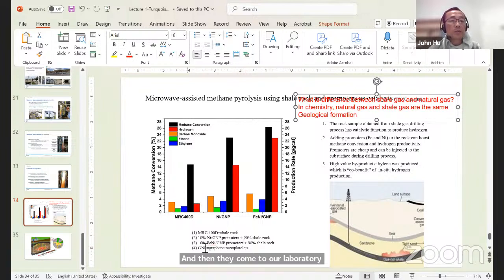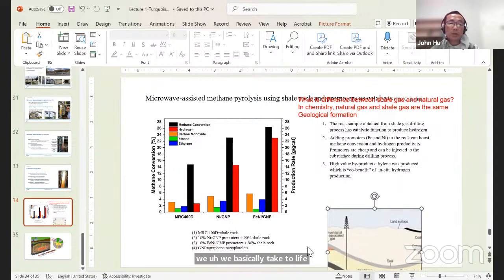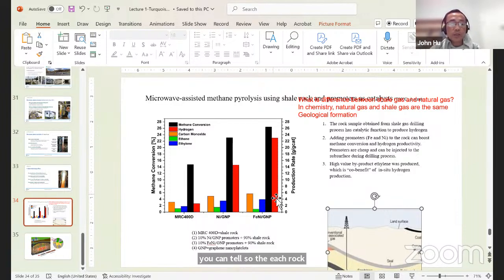They are active. So this is the condition. Those are the shale rock, and we take them to the lab. We simulate underground conditions, but we use a microwave to drive the reaction. You can tell each rock has a basic activity.